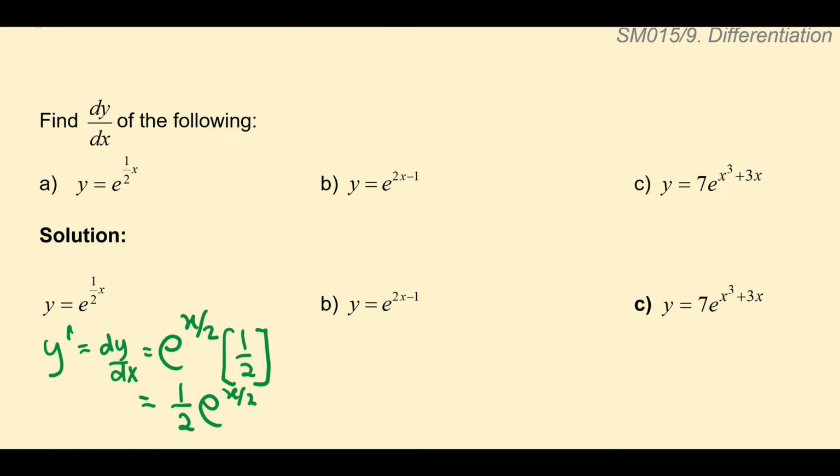B. If y equals e to the power of 2x minus 1, dy/dx is equal to, copy the exponential function, e to the power of 2x minus 1.